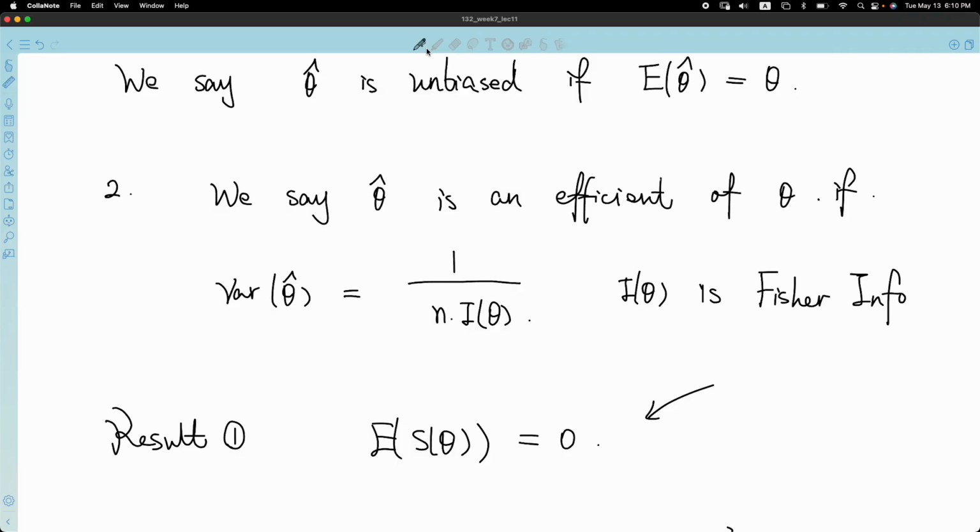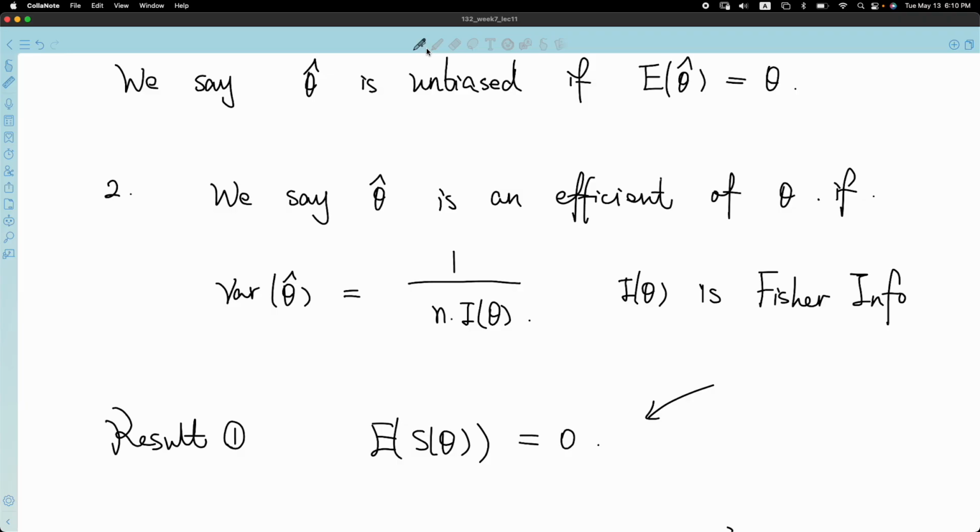So you are using data points to estimate theta hat of a distribution. Later we'll see that when you collect more data points, you get closer and closer to the true value, and that is where the variance of your estimator goes to 0. That means you are getting very, very close to the true estimator.